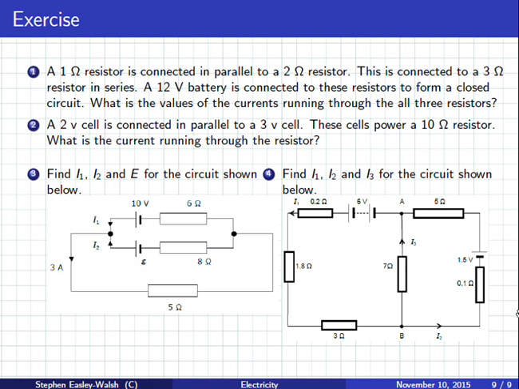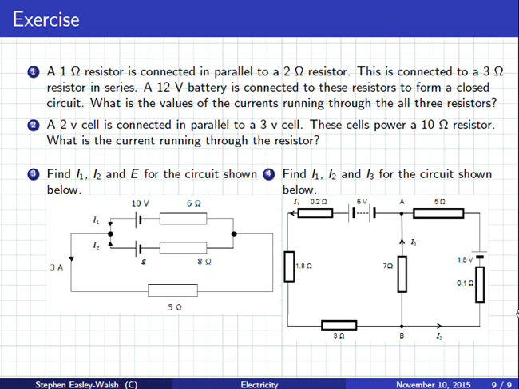And that is x, which is I1. So there's I1, there is I2, and then there's I3.